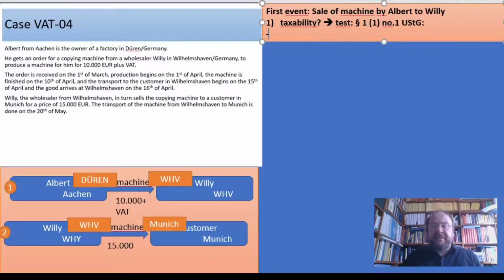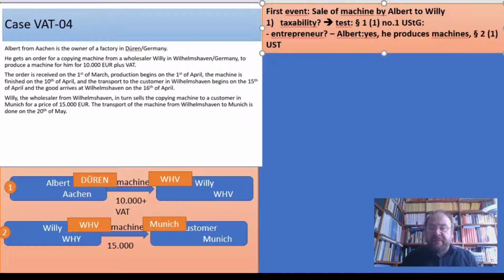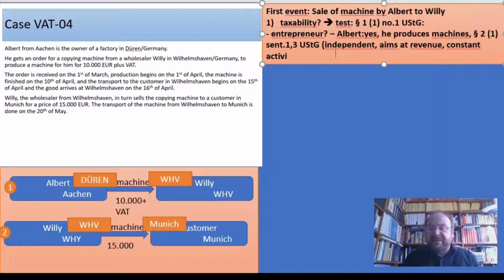What we have to test now is first the three simple criteria. Is Albert an entrepreneur? Yes, he produces machines. Paragraph 2, 1 UStG, sentence 1 and 3. He is independent because it's his factory, aims at revenue, and it's a constant, sustainable activity.